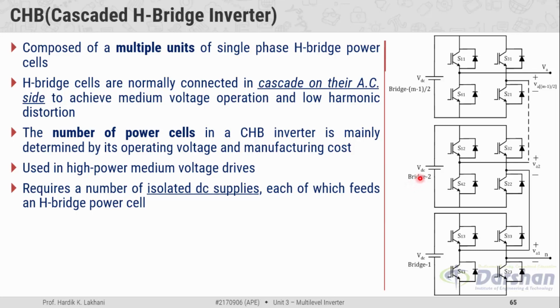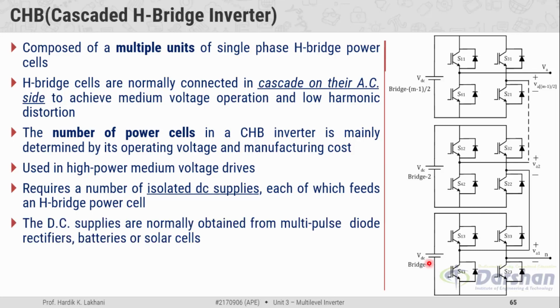So there is no direct connection between the DC supply of the second bridge and the DC supply of the first bridge. So more DC supplies are required in the construction of the cascaded H-bridge multi-level inverter. The DC supplies are normally obtained from multiple diode rectifiers, batteries, or solar cells.